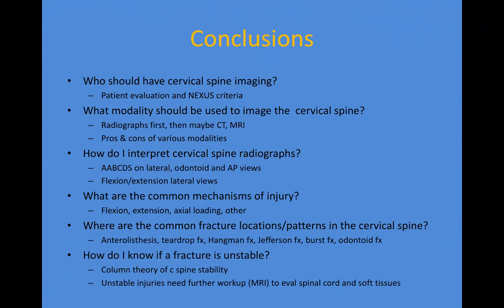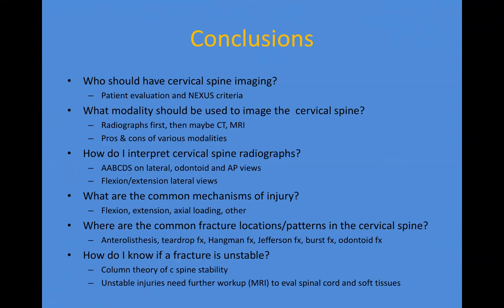So in conclusion, we've talked about who should have cervical spine imaging. We talked about how to evaluate patients, what you want to look at in their clinical history and on their physical exam, and using the NEXUS criteria to clear the cervical spine. What modality should you use, starting with radiographs, looking at that lateral radiograph, keeping them in their soft collar, and then if you have questions, using the CT scan.